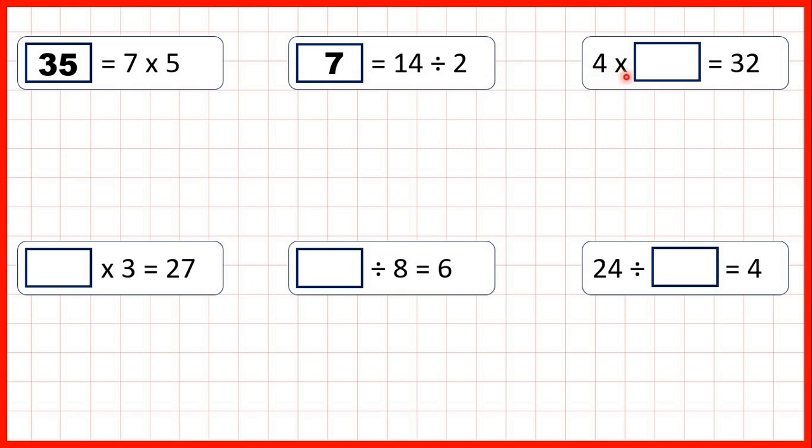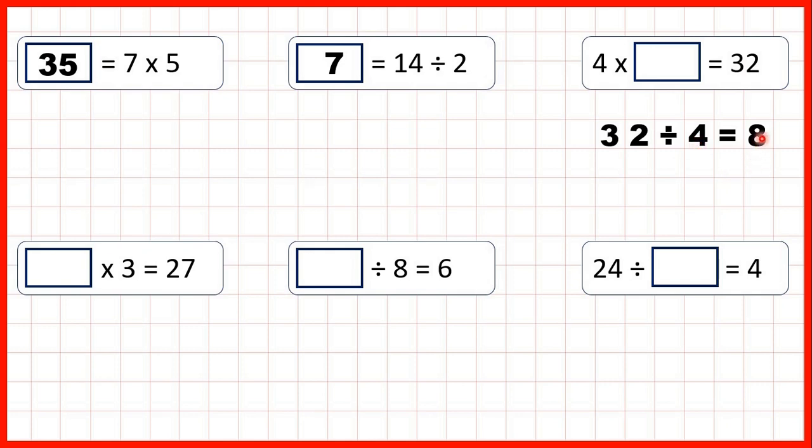Now, 4 times something equals 32. Here we have a missing number multiplication, and whenever we have a missing number in a multiplication problem, we can always divide to find our missing number. So here we just need to work out 32 divided by 4.